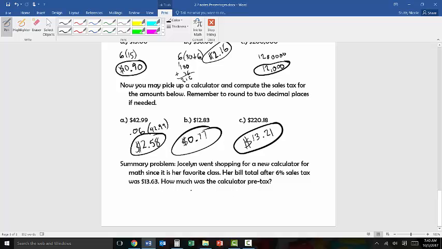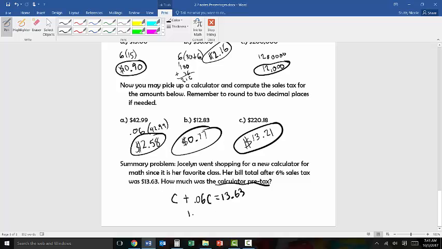So what you're going to do is take what you don't know, because that's always where we start. So let's use C, the original price of the calculator. Sales tax means you're adding on to the cost. So you're going to add 0.06 of C. So original price plus 6% of the original price for a total of $13.63. So once you do that, it's pretty easy.